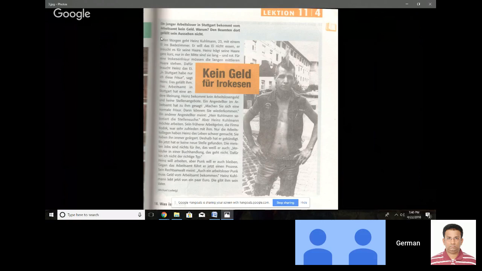Ein junger Arbeitsloser in Stuttgart bekommt vom Arbeitsamt kein Geld. Warum? Den Beamten dort gefällt sein Aussehen nicht.